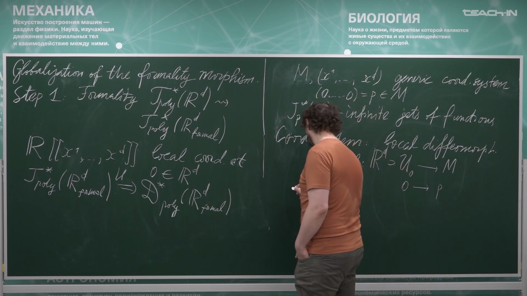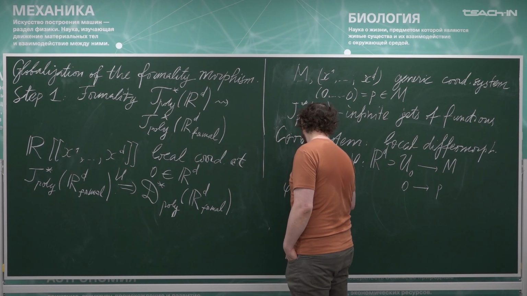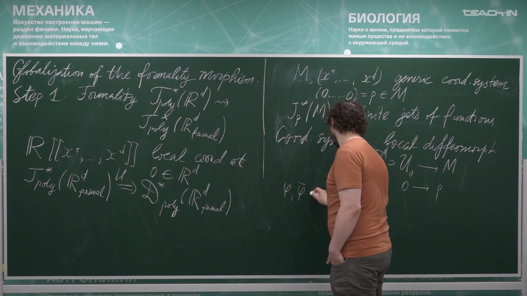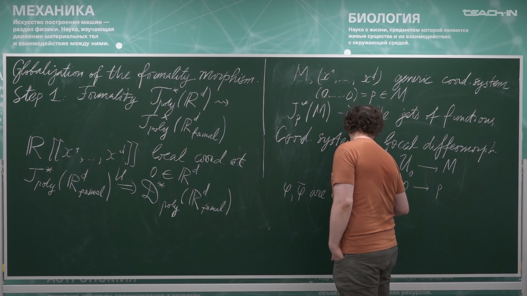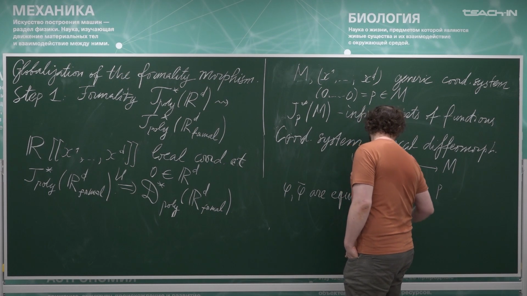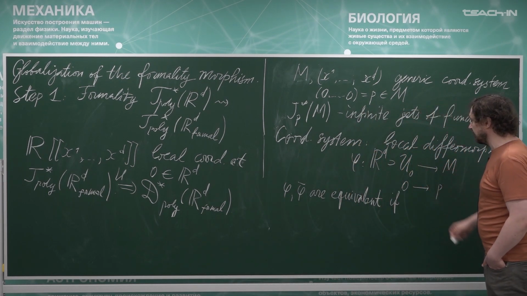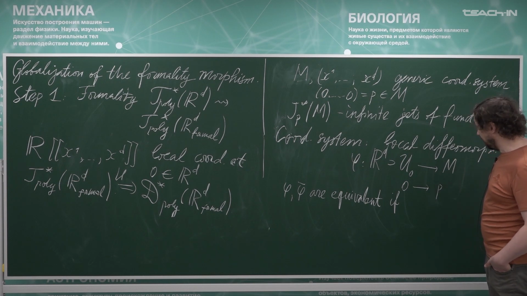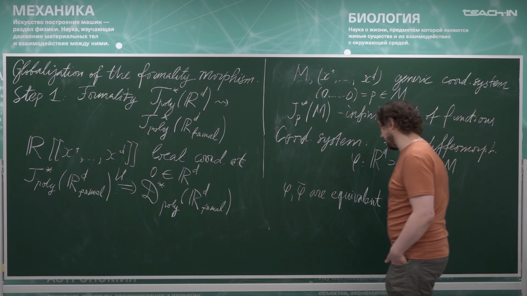We will say that two diffeomorphisms, phi and phi bar, are equivalent if their formal decomposition in infinite Taylor series at the origin coincide.